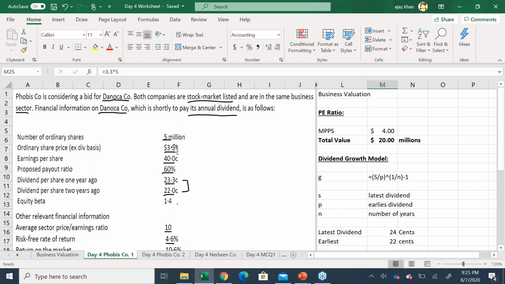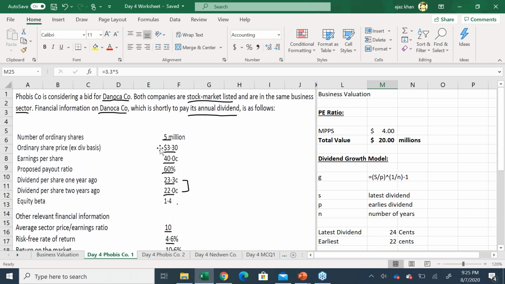Ajmal, why will you be selling it for higher than 3.3, and why will Forbes company be willing to buy for more than 3.3 if they can get it from the market at $3.3? Zara, what is the reason?